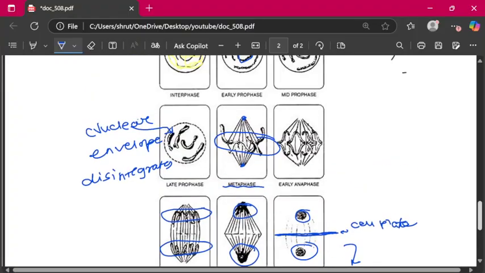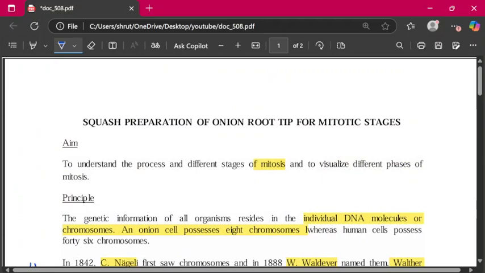So this is the squash preparation of onion root tip for mitotic stages. One more thing I would like to add here, that some plants, let's take ginger or Costus speciosus. What is Costus speciosus?